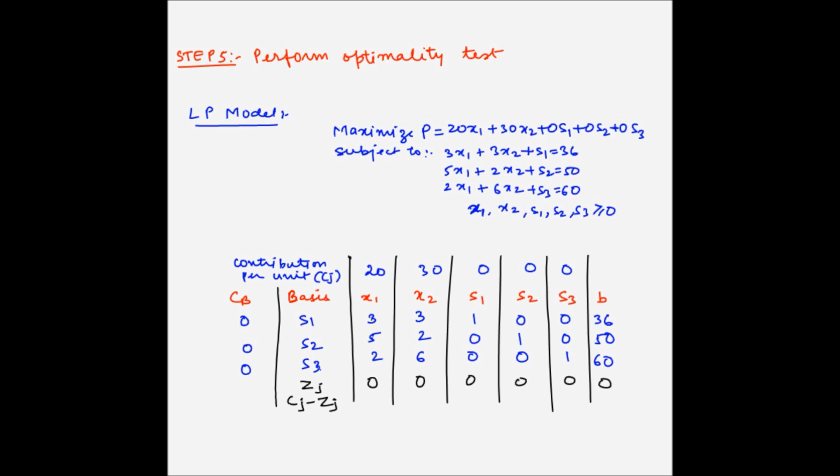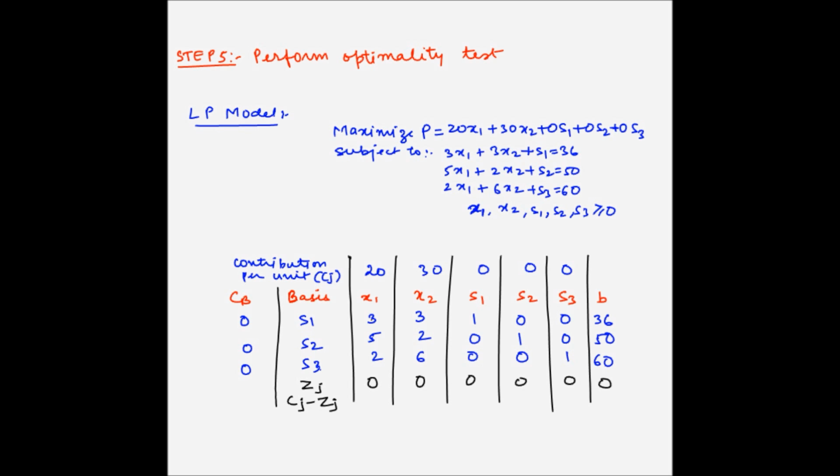So the Cj row represents the profit or the contribution per unit if one unit is added into the product mix. As you can see, 20 rupees is the profit for each chair which is manufactured. Similarly, 30 rupees is the profit for each table which is manufactured.